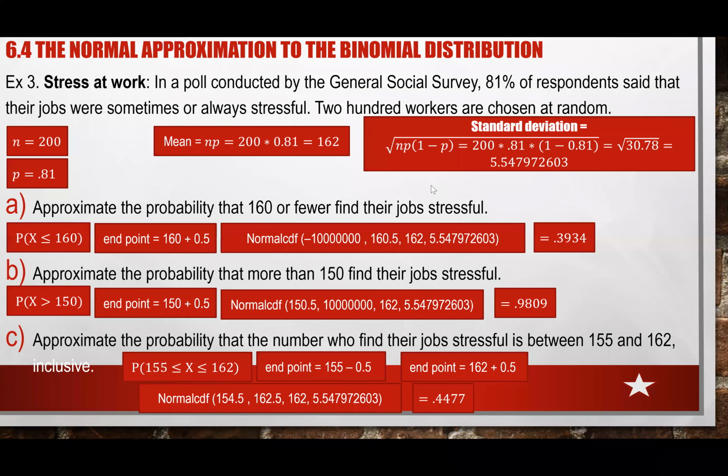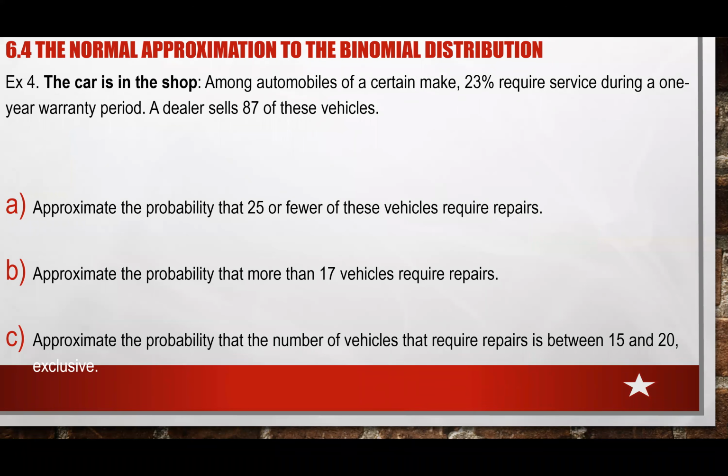All right. If you don't have questions, let me ask you to take a copy of this and see if you can do this by yourself. Run out of time. See if you can do this by yourself. As you can see, it's very similar to the previous one. 20, 25 or fewer, more than 17.